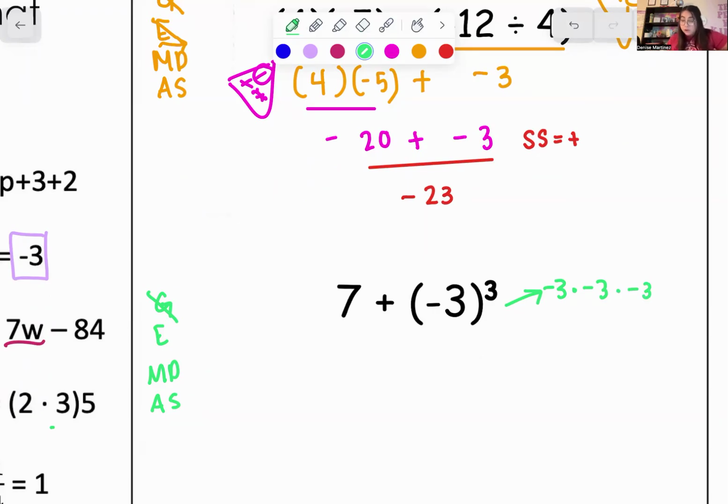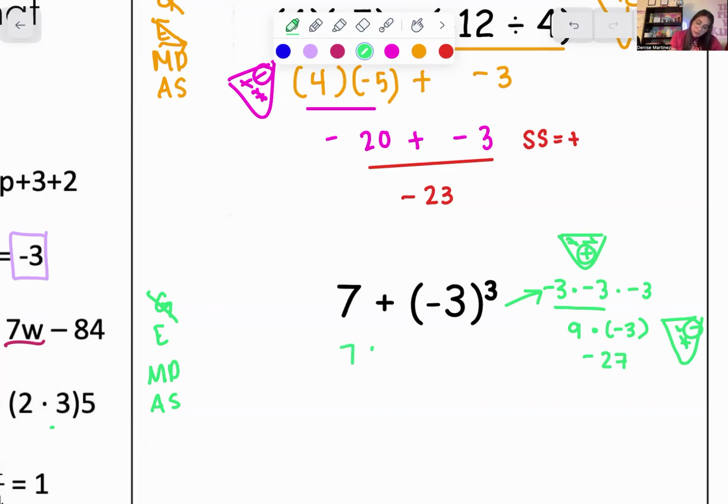So now I'm going to go over it. -3 times -3. Well, I'm going to double check with Dorito Man. And that's a positive 9 times -3. Again, Dorito Man. And that's a -27. So that's a big difference between a -9 and a -27.